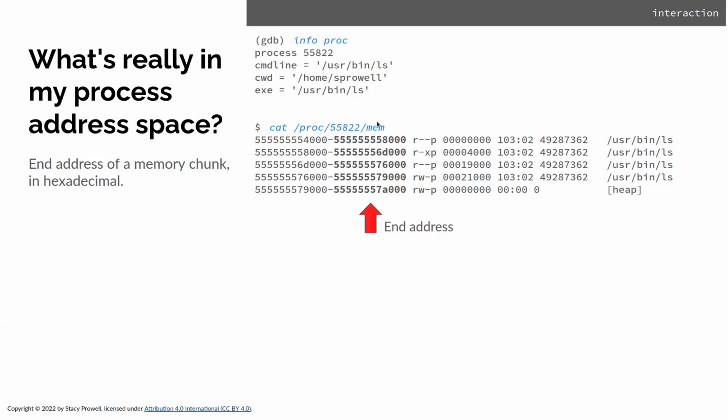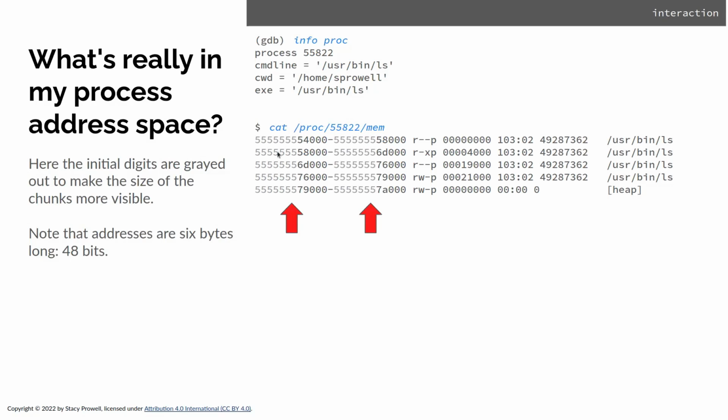Here's the end address, also in hex. If we gray out the top 5s, you can sort of see how big each one of these is, right? This is about 2,000 hex, or about 2 pages. 1,000 hex is I think a page.